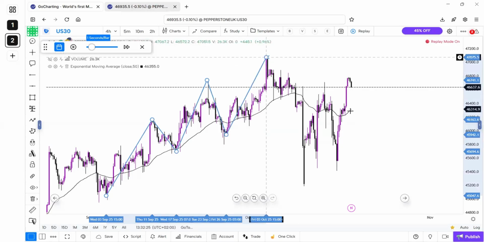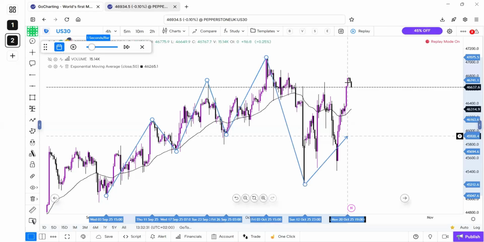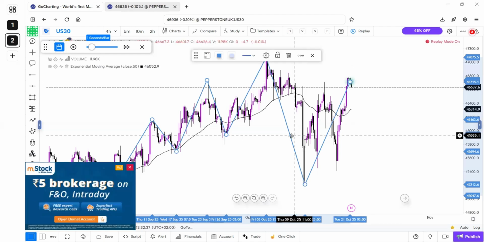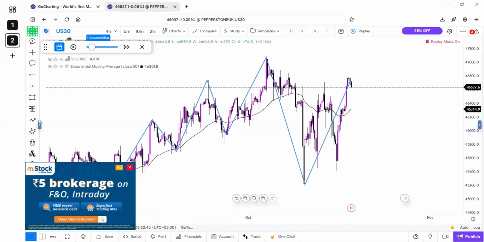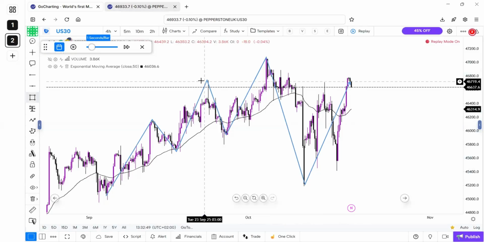And then the market came and broke the higher low. All right. Something that I spoke about earlier on. So when the market does this, you then become skeptical of entering trades and you wait to see what the market can do. So after that, what I did is that I marked this higher high, right?